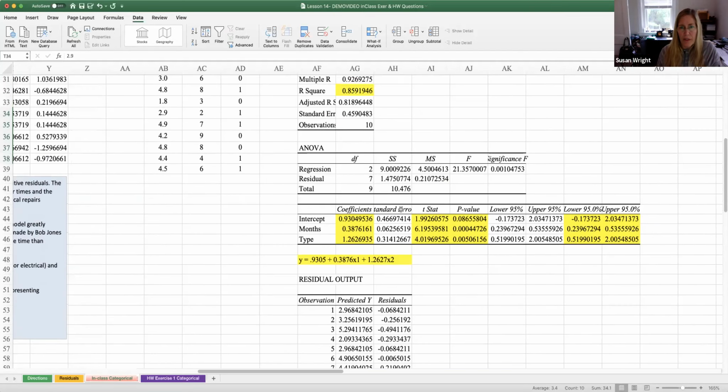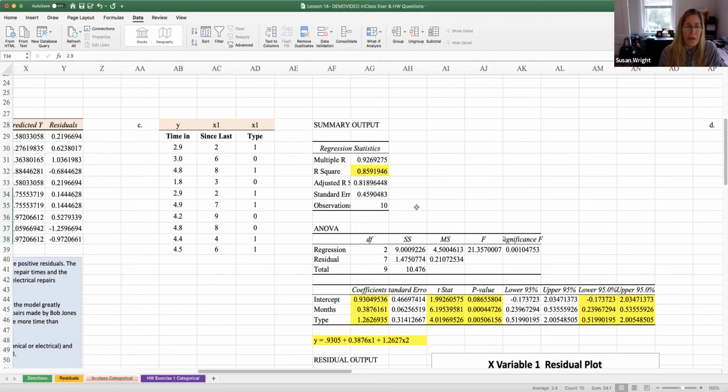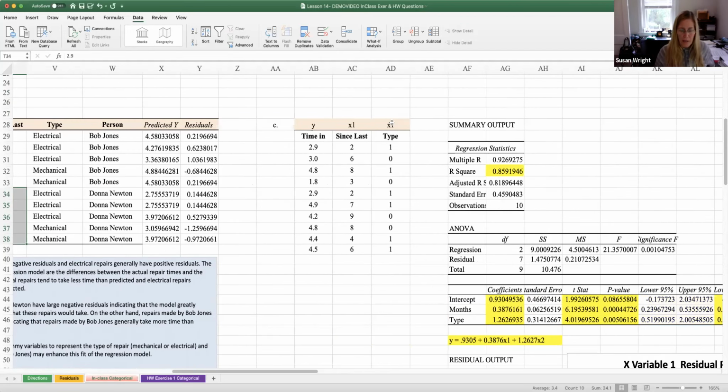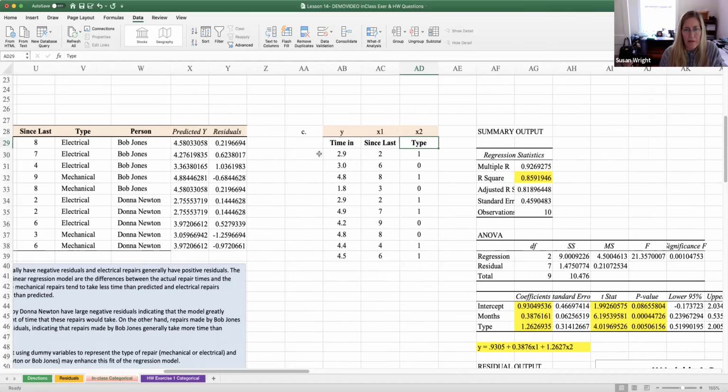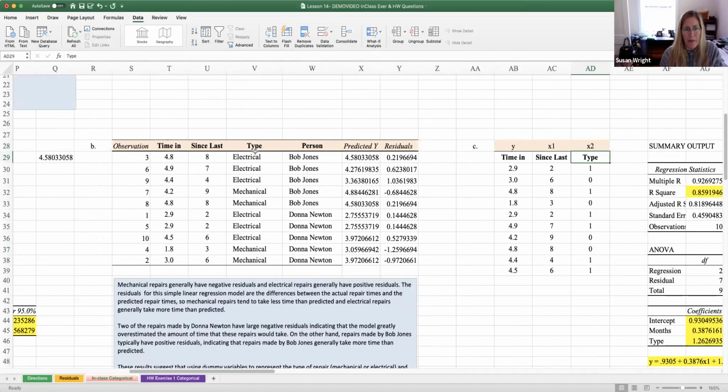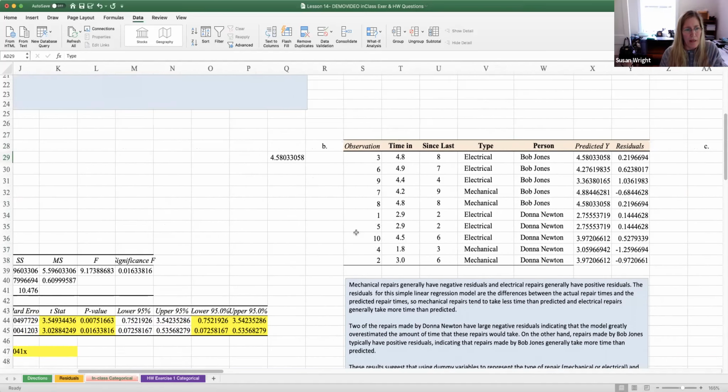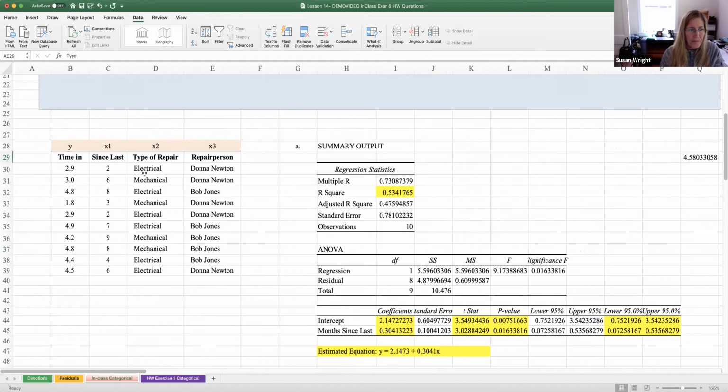All right, so over here, this next one that you have to do, that should say X2. Okay, so we have this type variable right here, and that is loading on the type of repair. So I loaded it based on the original data set. Let me go back to that. So I gave a 1 if it was electrical and a 0 if it was mechanical.